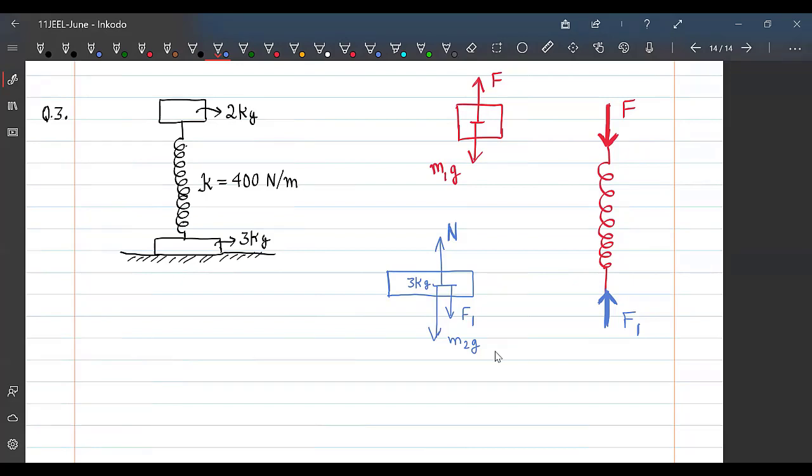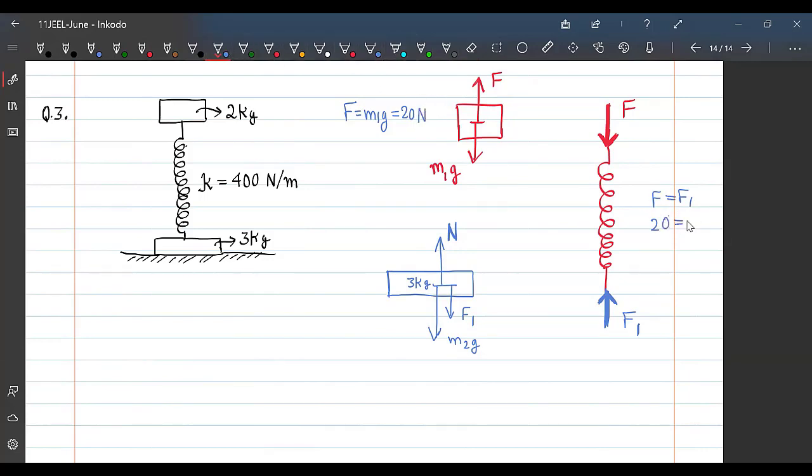So इसके बाद तो सारी values calculate कर सकते हैं. यहाँ से आ जाएगा F is equal to m1g, that is 200 Newton. F की value 200 Newton आ गई. यहाँ से F should be equal to F1, दोनों का magnitude equal होगा. So F1 की value भी आ जाएगी 200 Newton. 20 Newton. हाँ, 20 Newton. This will be 20 Newton.